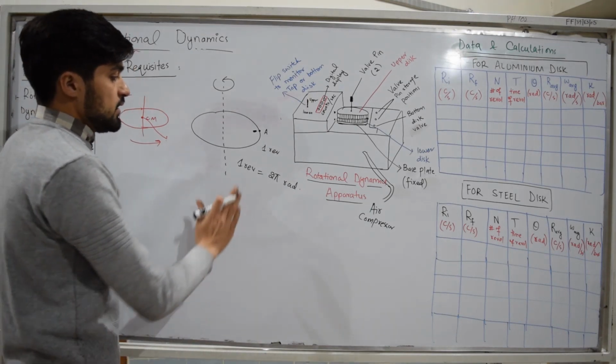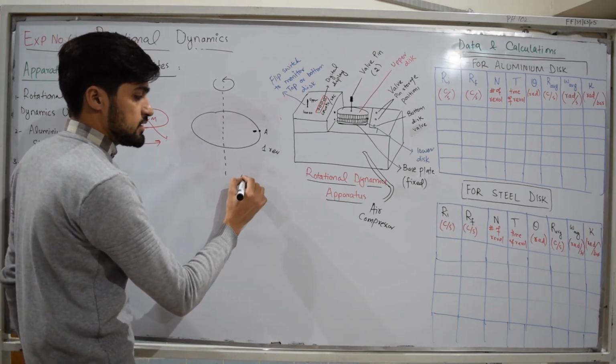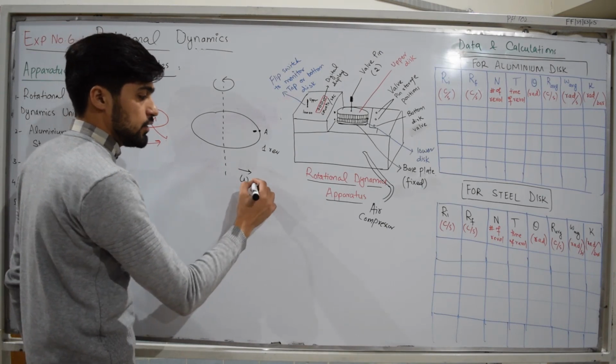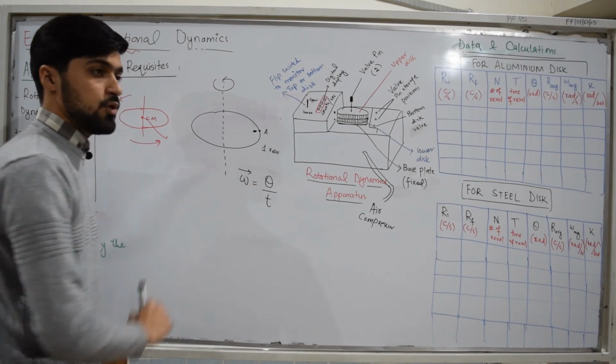So what will be the angular velocity in this case? Angular velocity is a vector quantity, omega. Omega is equal to theta by t, where theta is the angular displacement.